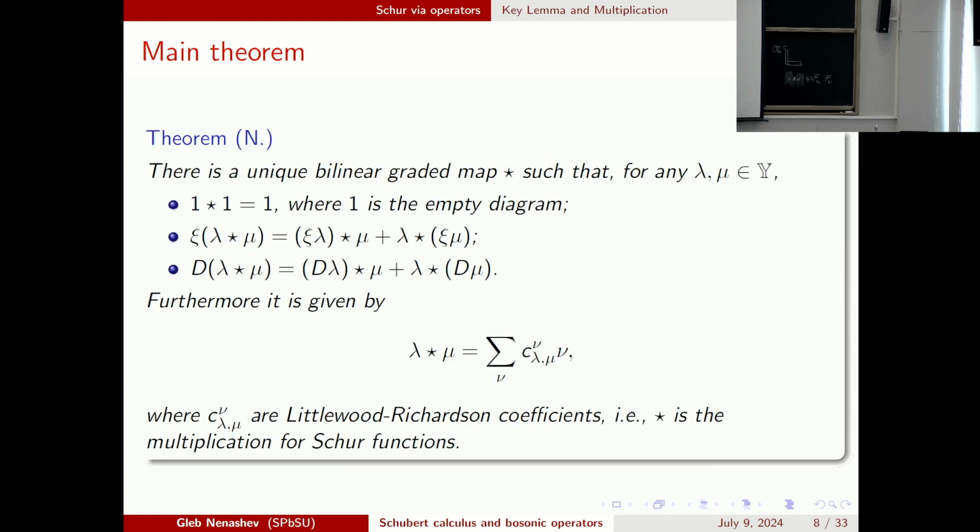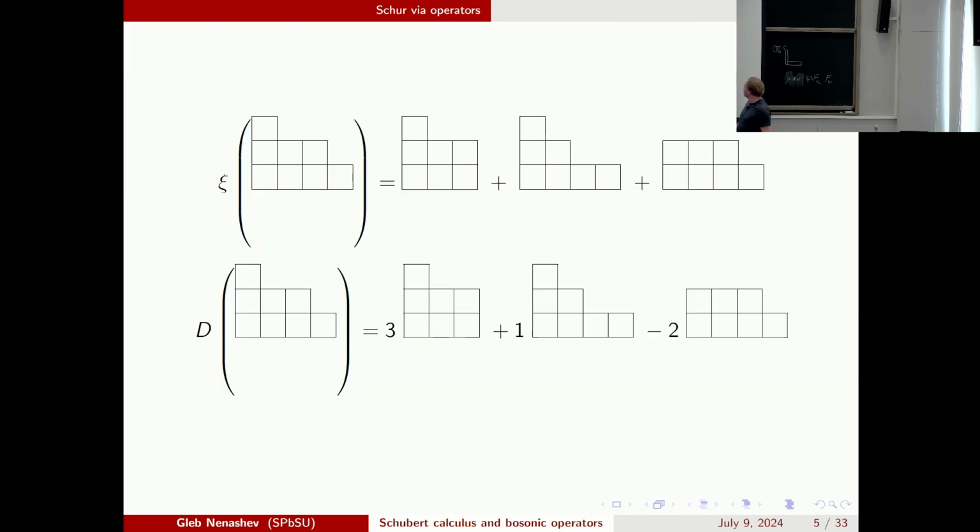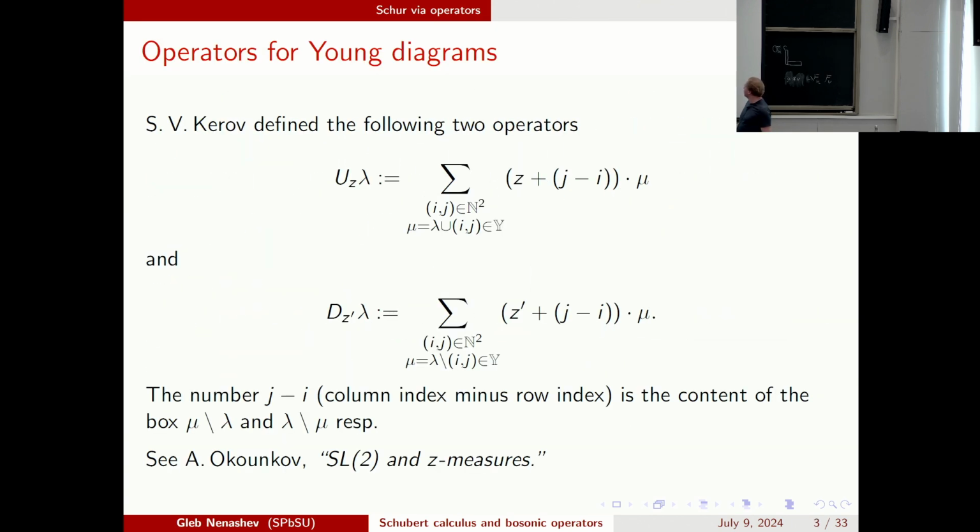Oh, no, because for a measure you really need an up operator. To define a measure, you need not only a down operator, you need an up operator when it's increasing. But for Schubert, you have only a down operator, unfortunately.